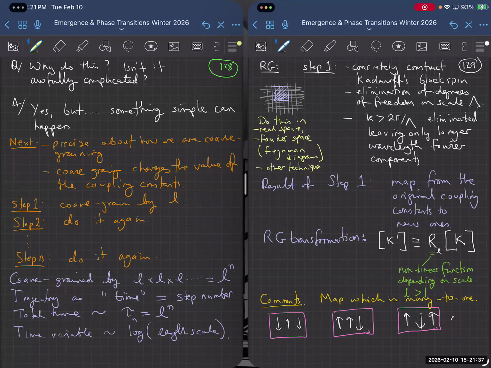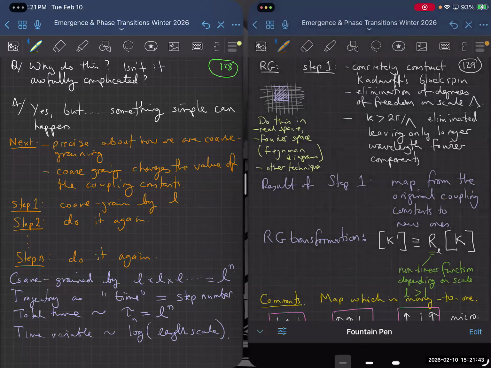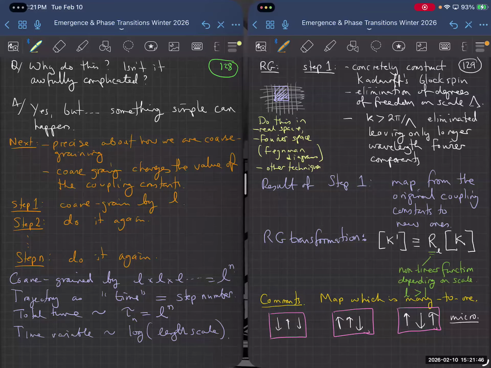Okay, so these are microscopic configurations. Now if I coarse grain them, what am I going to get? So this one has got two spins pointing down and one spin pointing up, the one on the left. So the macro picture of this one is going to be a spin configuration pointing down. This one here has, in the middle, two spins pointing up and one pointing down. So if I were to coarse grain that, I would get a spin that points up. And this one on the right has got a spin pointing down, a spin pointing up, a spin pointing down, and a spin pointing up. But if I coarse grain it, I will then get a spin pointing up.